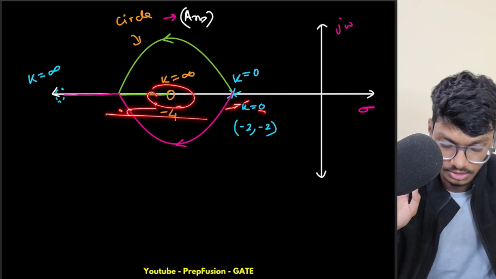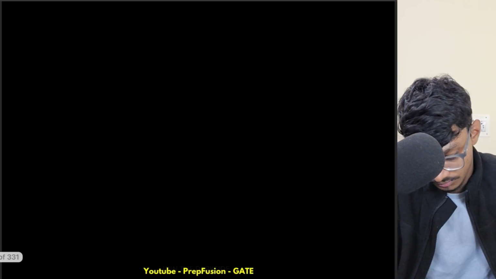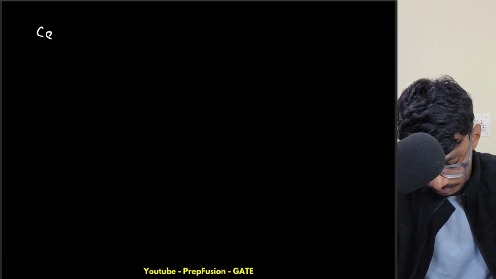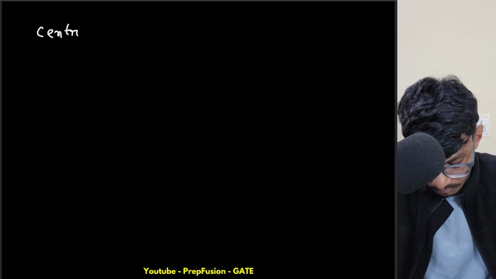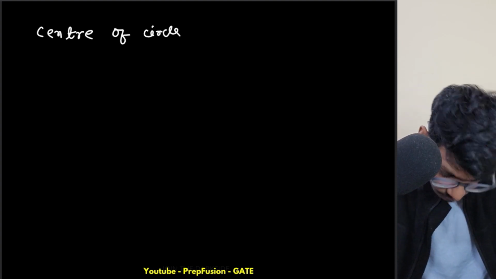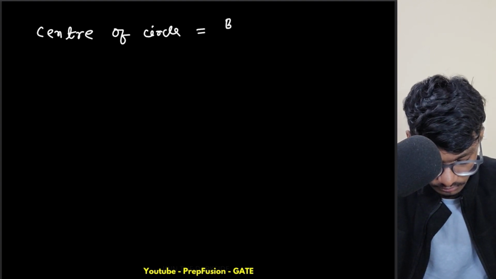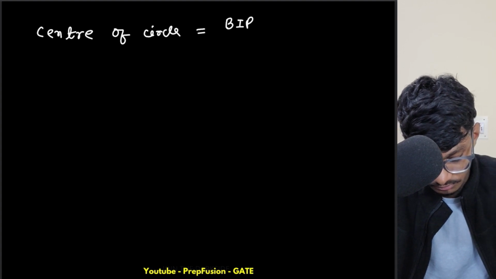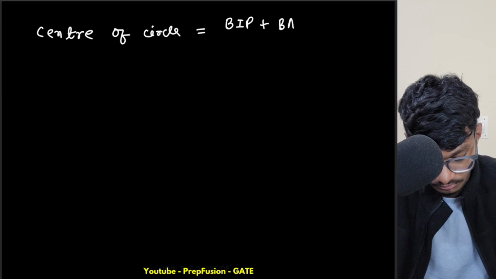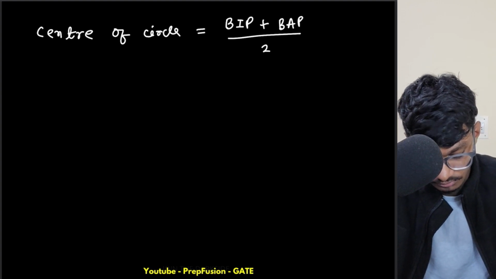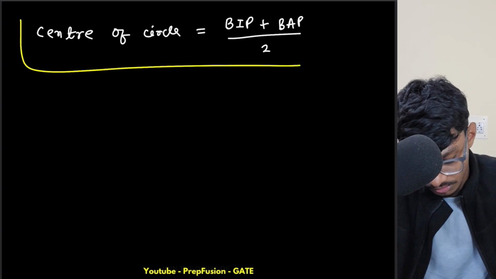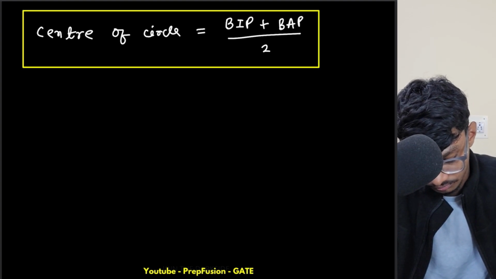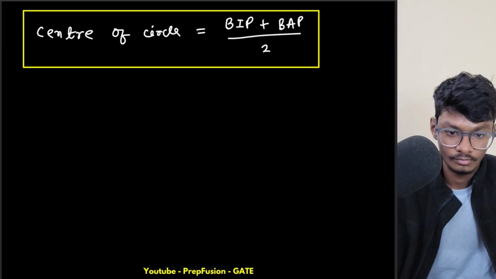So simply, the center of the circle is divided by 2. Okay.